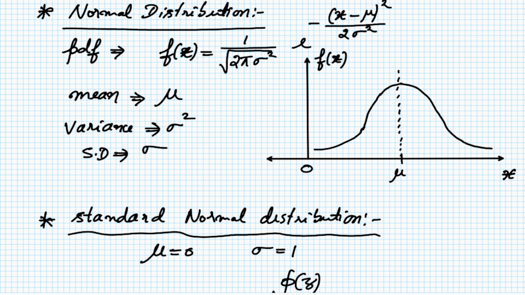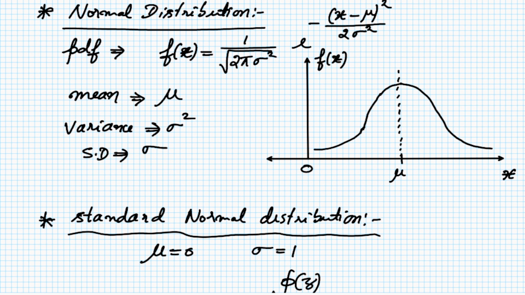The PDF is given by the equation f of x equal to 1 divided by root of 2 pi sigma square into e to the power of minus of (x minus mu) whole square by 2 sigma square. So what are the various parameters that decide the shape of the curve?